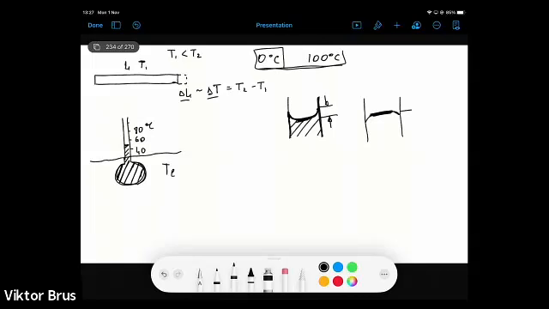Before we proceed further, just one comment about measuring temperature with a liquid thermometer, just to create this feeling that it's not so trivial. So how does it work? We have this reservoir. We assume that all the mercury is located in this reservoir.